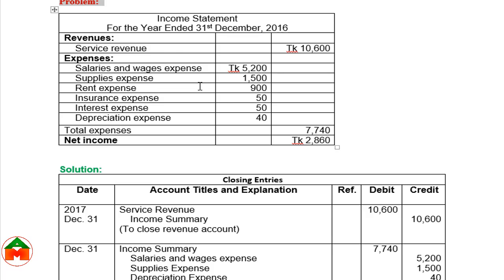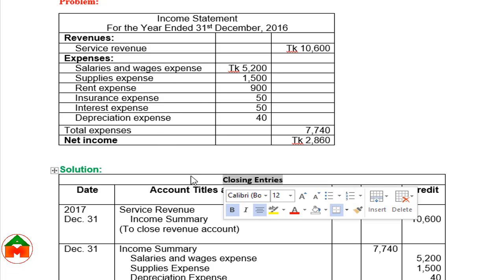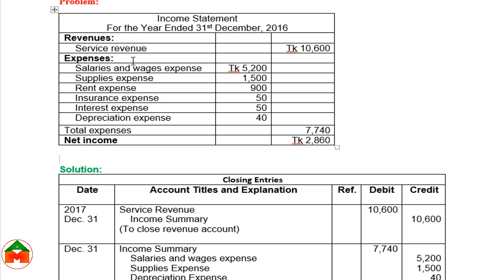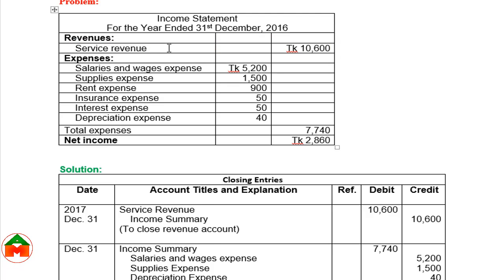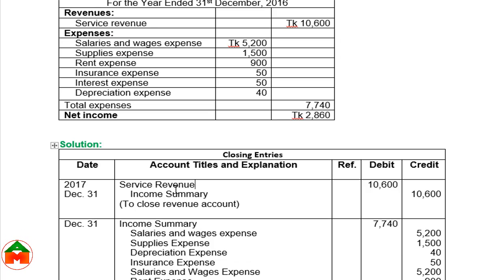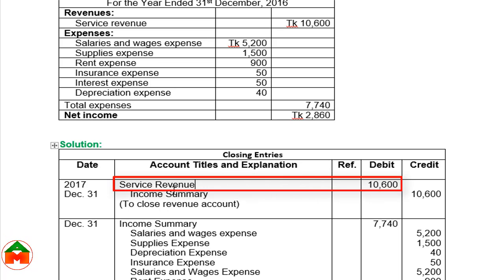From this income statement we can see there are some expenses and one service revenue. All are temporary accounts. By preparing closing entries, we will close all these temporary accounts. First of all, this income account, that means service revenue. To close this income, we need to put it on the debit side.